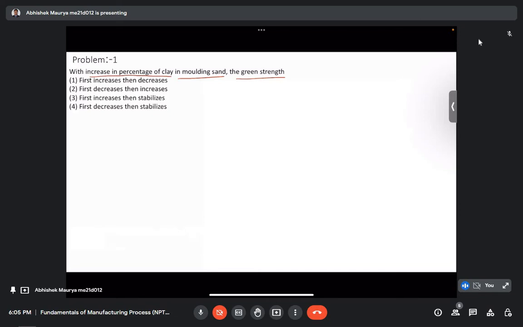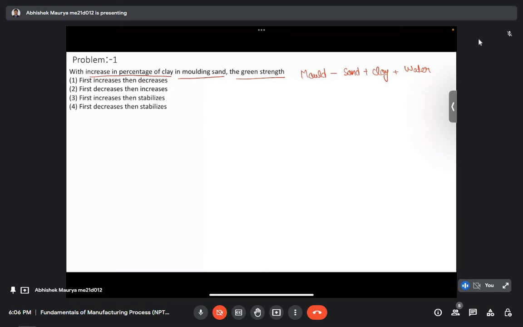Mold is made by molding sand, then clay, then water or moisture. Sometimes some additives are also added for specific requirements.